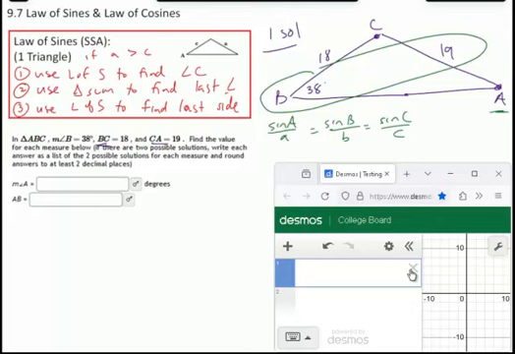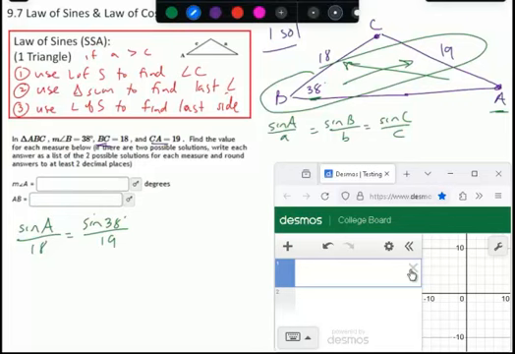I'm putting it this way because the first piece of information we're finding is our unknown angle A. So sine of A over the side opposite that, 18, is equal to our known ratio: sine of 38 over the side opposite that, which is 19.